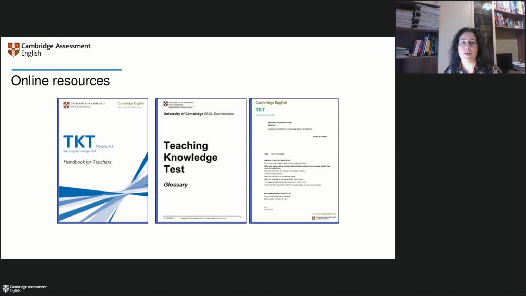I also mentioned some resources, and for those who've just joined us, it's very important to know that there are some free materials available online that are very helpful. First of all, you need the handbook to understand the task types, the requirements, and all the basic information about this qualification. Secondly, you may consider looking through the terms in the glossary.